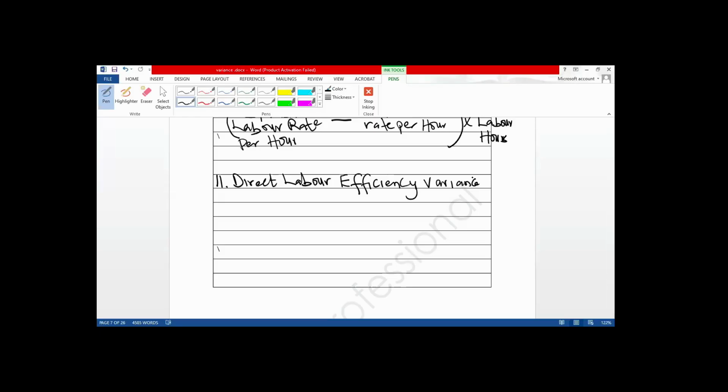What is direct labor efficiency variance? It is where the actual hours used for production are different from the hours that should have been used for production.